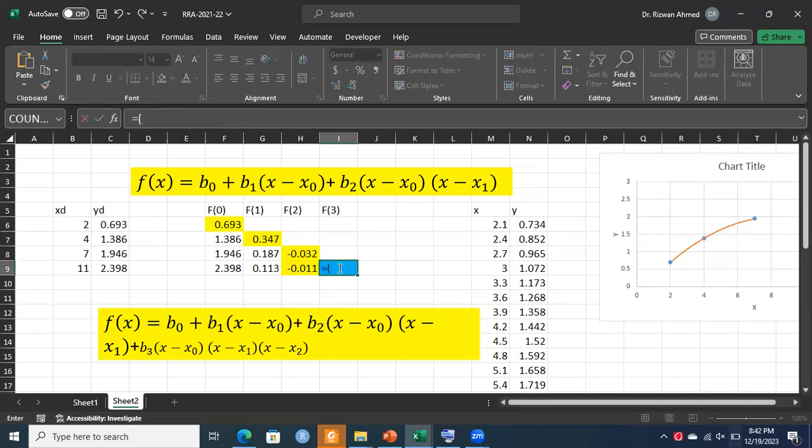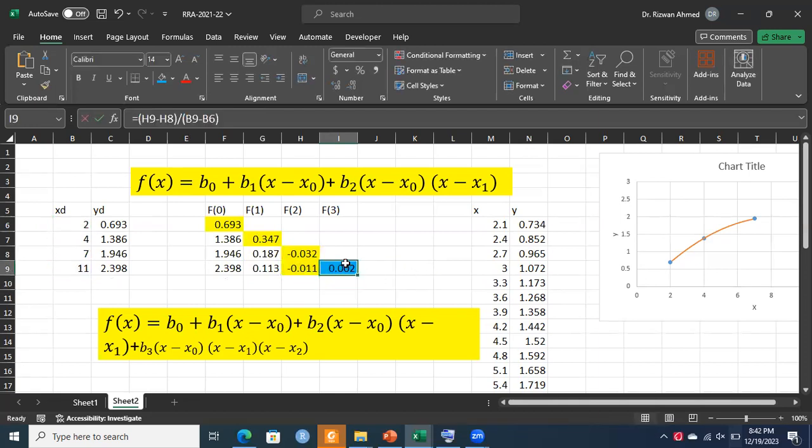It will be this value, the divided difference at this level, at the fourth point, minus the divided difference at the third point, and divided by the abscissa values with the difference of 3 steps, because it is a third order divided difference calculation.